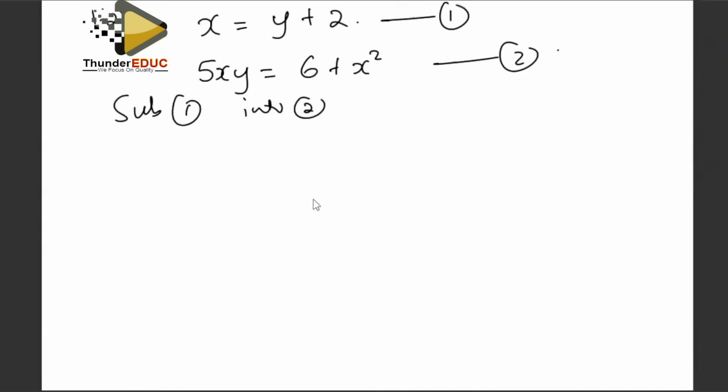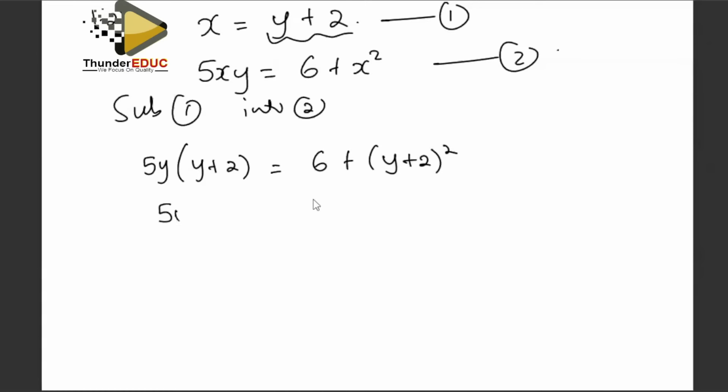So where we see x, we replace it with y plus 2. So it's going to be 5y into y plus 2 is equivalent to 6 plus y plus 2 squared. Opening this, 5y squared plus 10y is equal to 6 plus, and I open this square bracket, I'm getting y squared plus 4y plus 4.